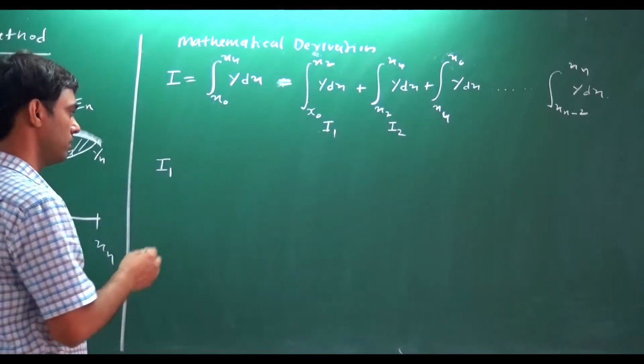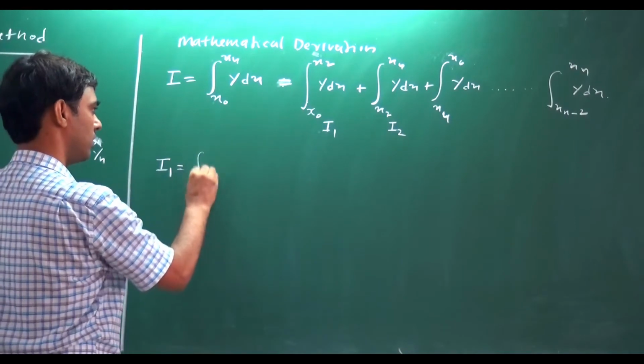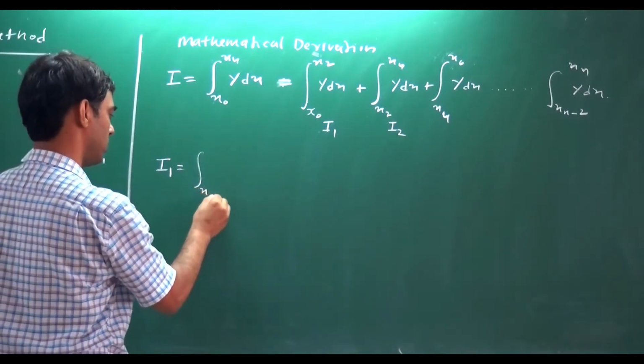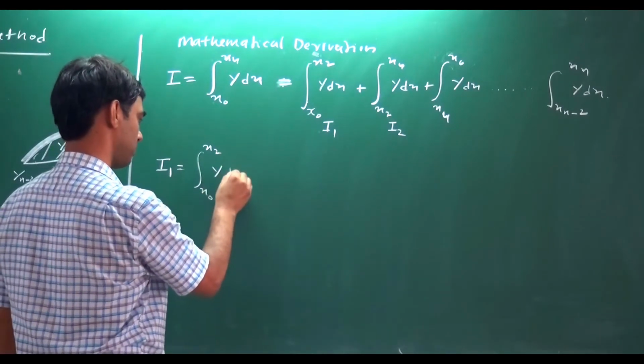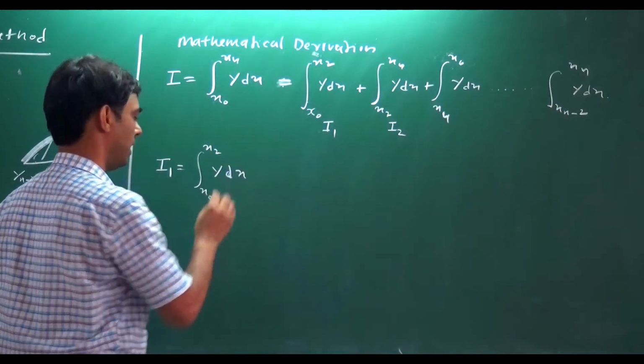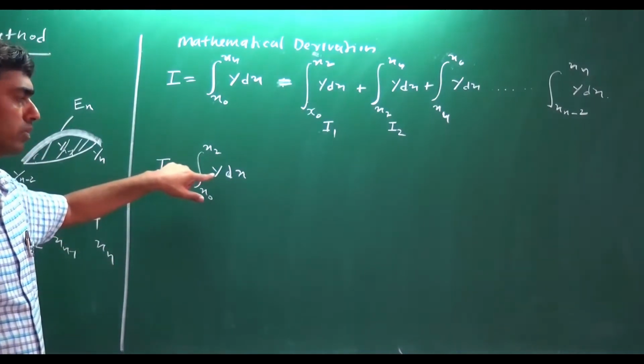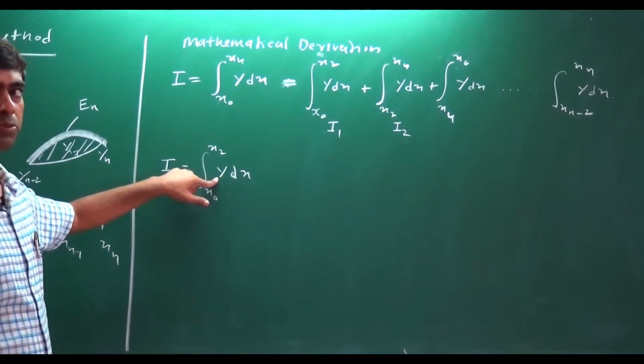So I1 equals the integral from x0 to x2 of y dx, and we know that we are going to interpolate a polynomial of degree 2.